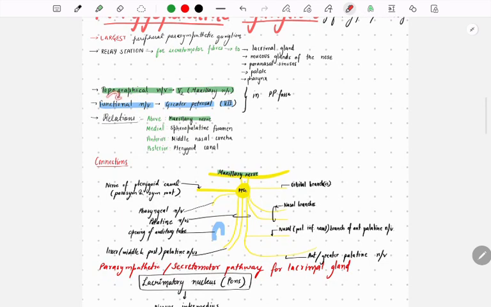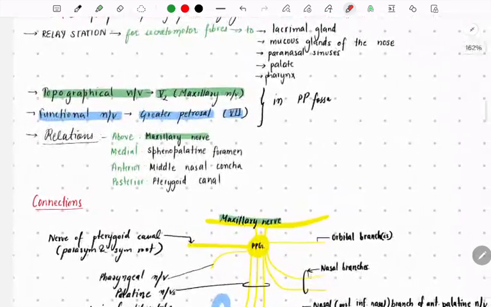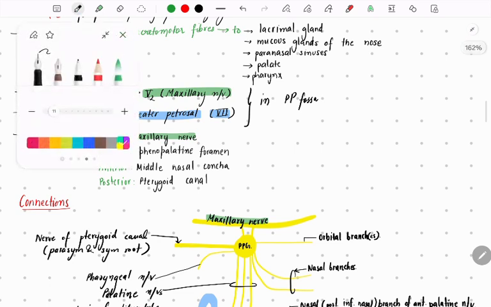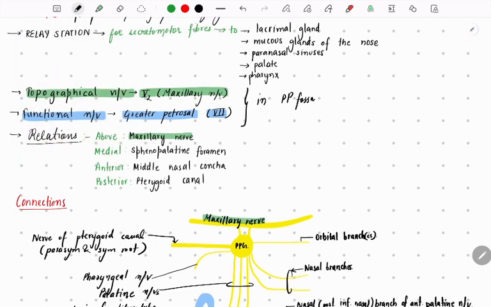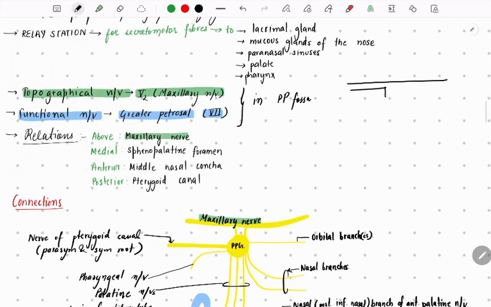Like any other ganglion, it has a topographical nerve and a functional nerve. So here I want you to understand that I will make a diagram. Imagine this is a nerve and this is a ganglion.